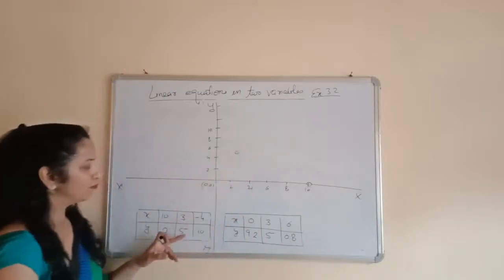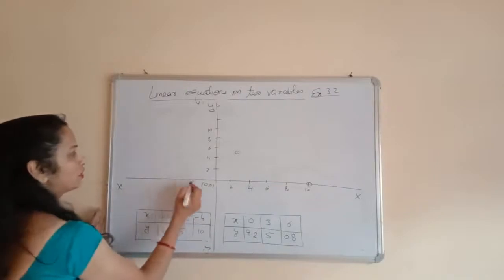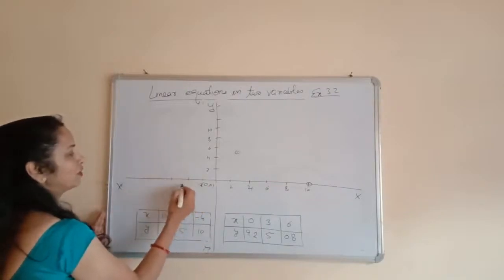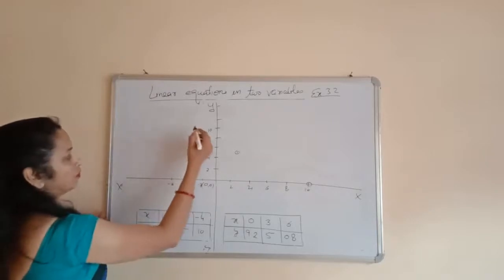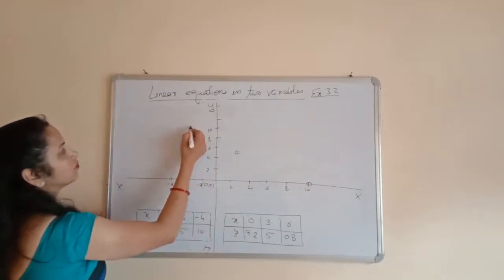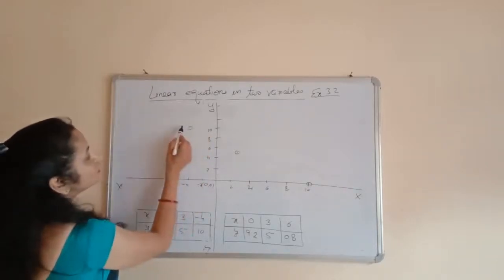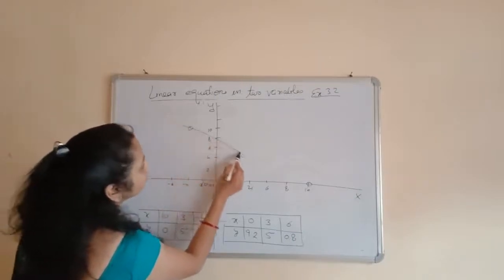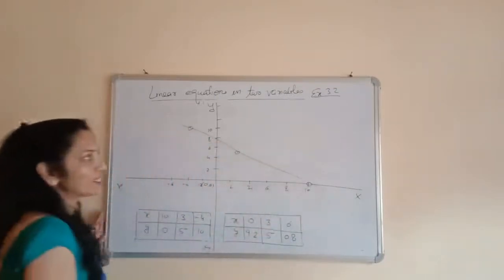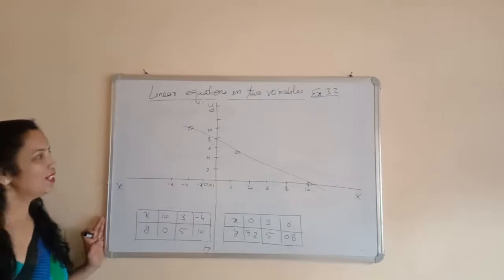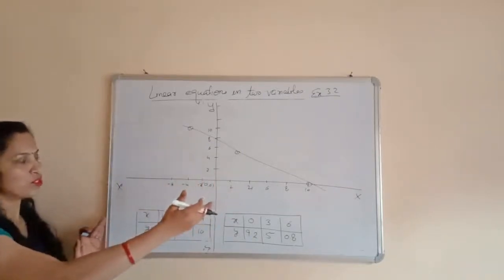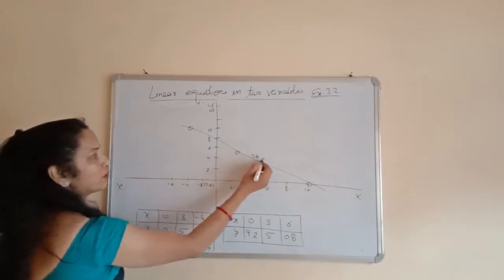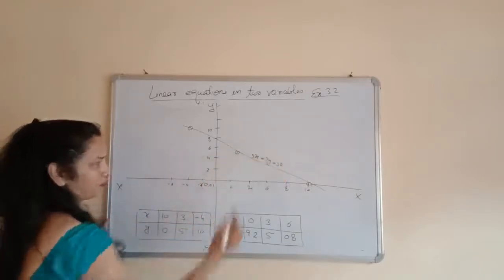Then (minus 4, 10): towards this side the values are negative, so minus 4 and then 10 will be here. We can join these points using a scale; since I don't have a scale, I am not using one here. So this graph is for the equation 5x plus 7y is equal to 50.